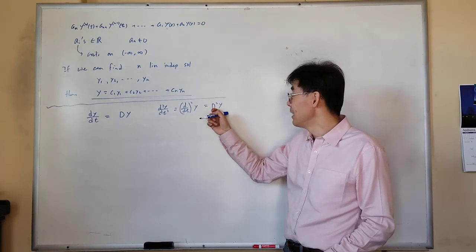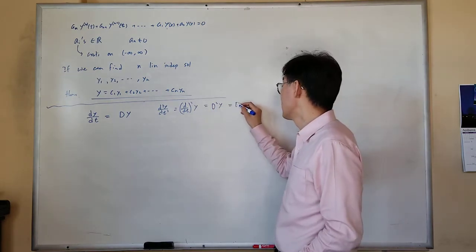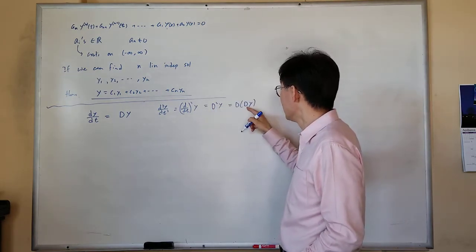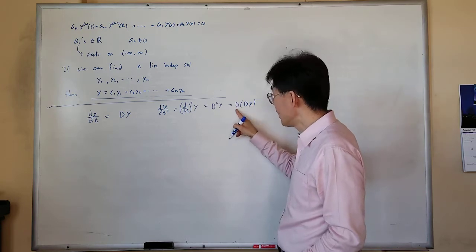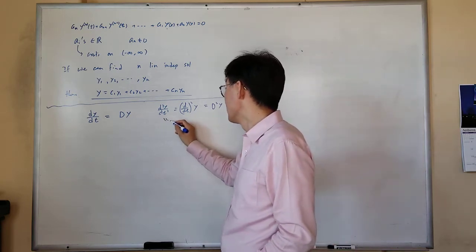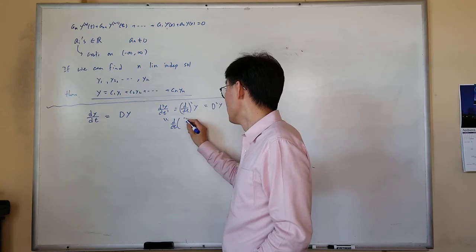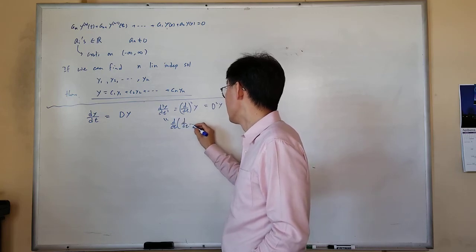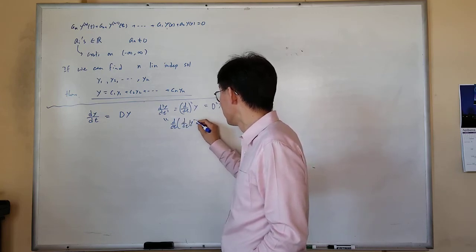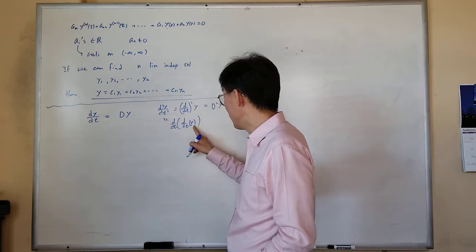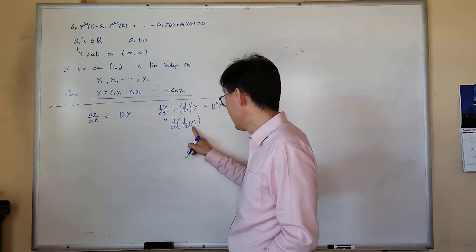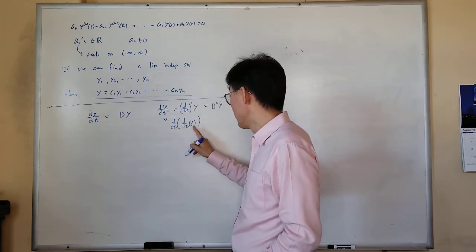This is D applied to y. You can consider this like a differentiation of y and then another differentiation, right? Because the original meaning is this: differentiation of y, the derivative of y, the derivative of the derivative of y.